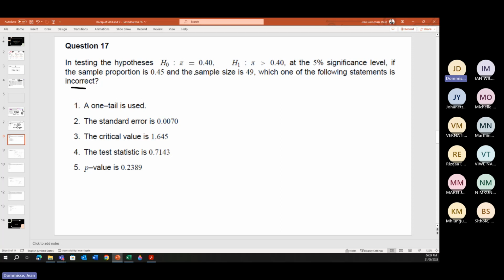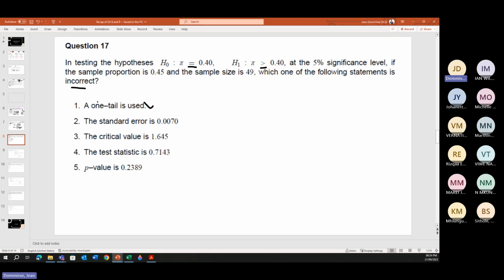Let's first look at the null hypothesis equal, alternative hypothesis is one directional. If it is one directional, it is one tail. It's showing us one direction, so it is one tail.